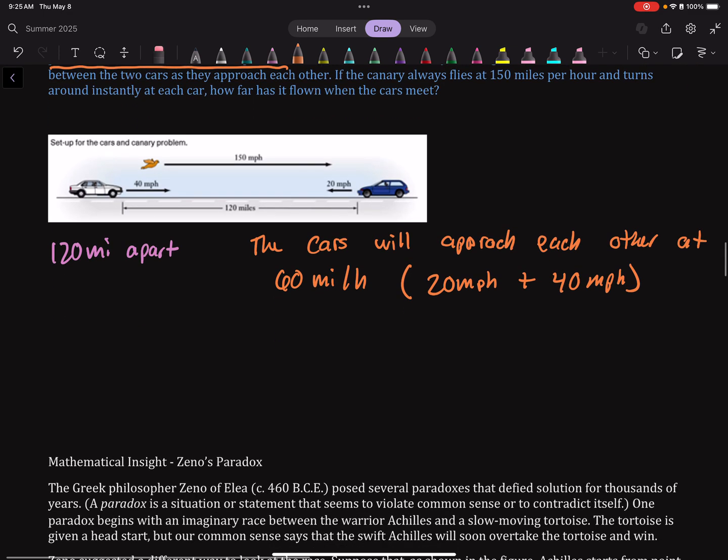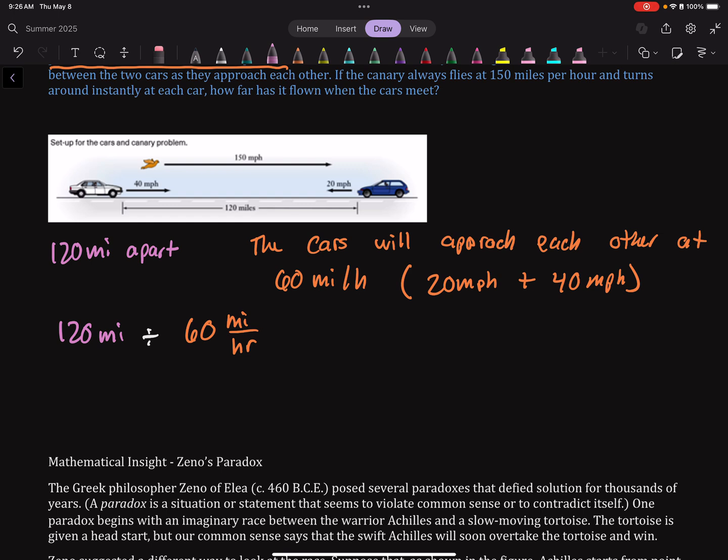So if they're 120 miles apart and they're driving 60 miles an hour, we can actually find how long it takes them to reach each other. So they're 120 miles apart, and we're going to divide by how fast they're going, which is 60 miles per hour. Now, we are working with a fraction here because miles per hour is a fraction.